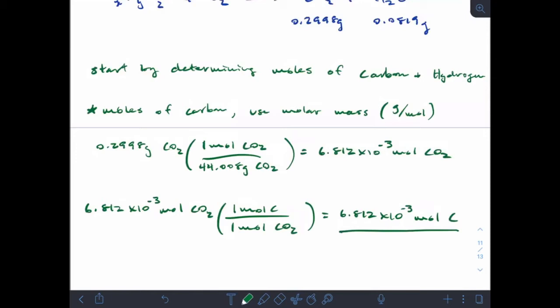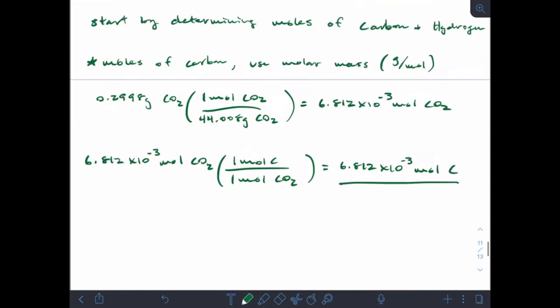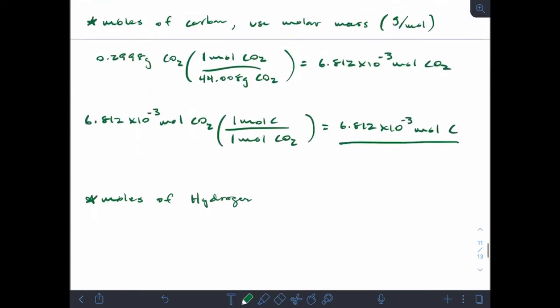Now let's do the same thing to determine moles of hydrogen. Okay, we're going to use the same tactic, and we have 0.0819 grams of H2O, and I'm going to go to moles of H2O through molar mass.